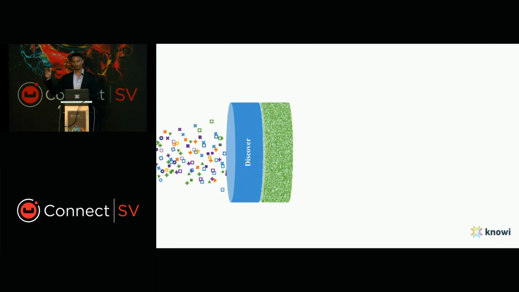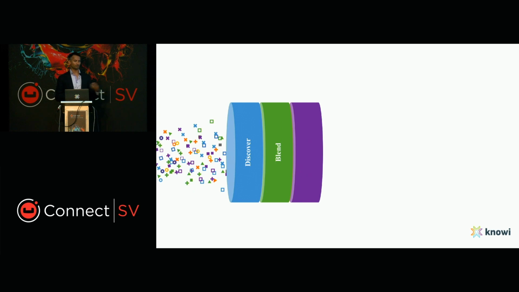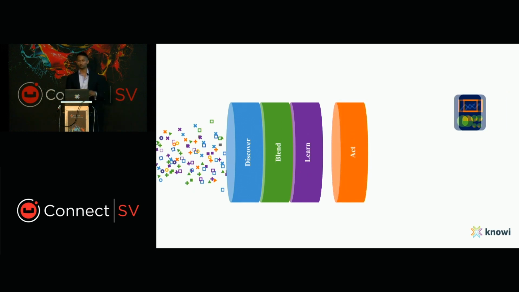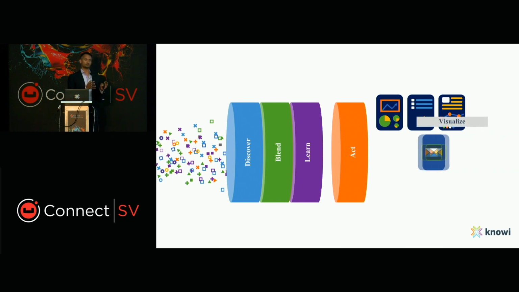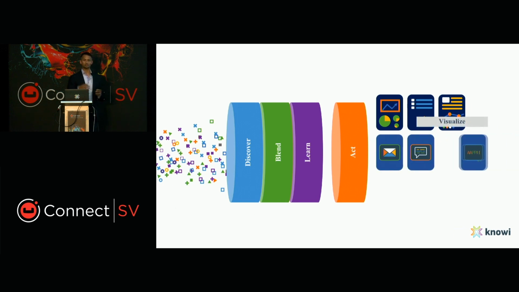The Knowi platform has a couple of different components. We enable native connectivity into databases like Couchbase, so you can type in N1QL and get results right away. Then you can do visualizations and take those visualizations and embed them inside your application if you like.